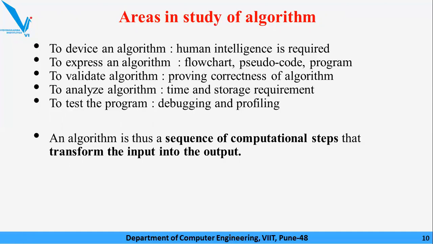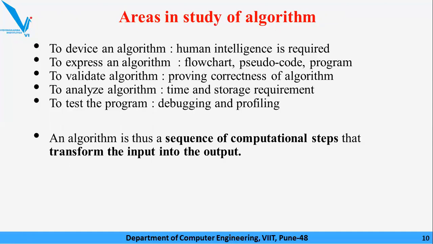Now the analysis of algorithm: if you have more than one solution for one problem, then how do you analyze which particular solution is better suited for this problem? This depends on the time and the storage requirement of the algorithm, and this is what we call the analysis of algorithm.